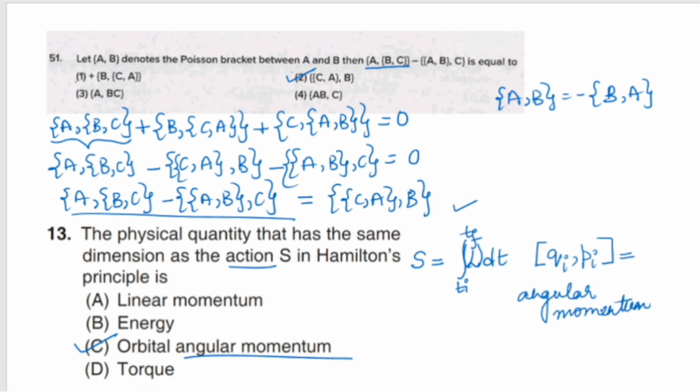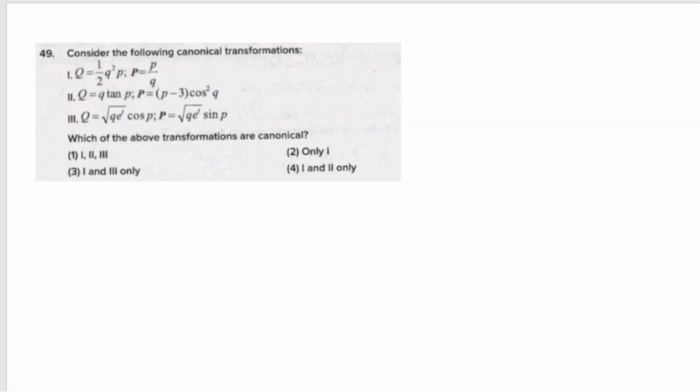Okay, so let us move to the next question. See, this question is a wrong question. For this they have given the grace mark, and it was asked in 2024 CSIR NET. The options they have given are wrong. Consider the following canonical transformations. They have given three canonical transformations.